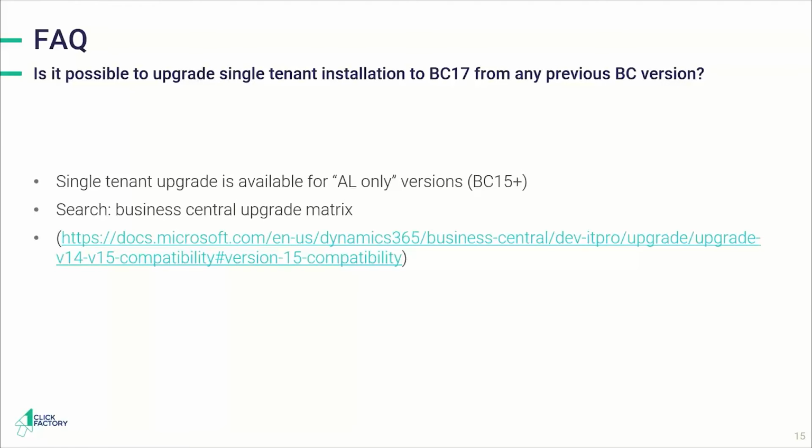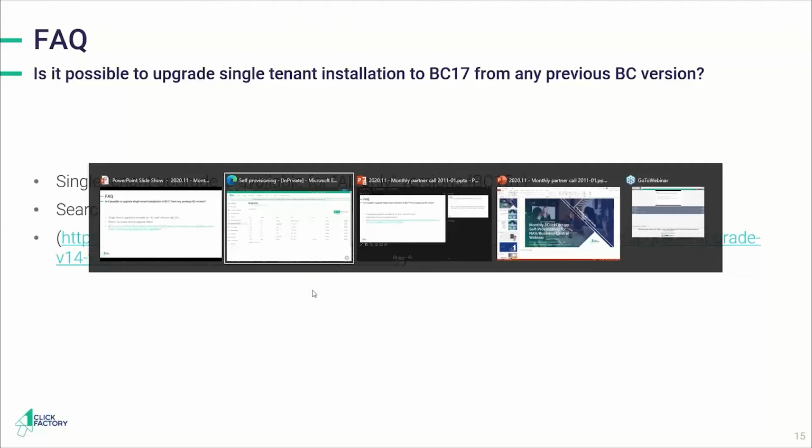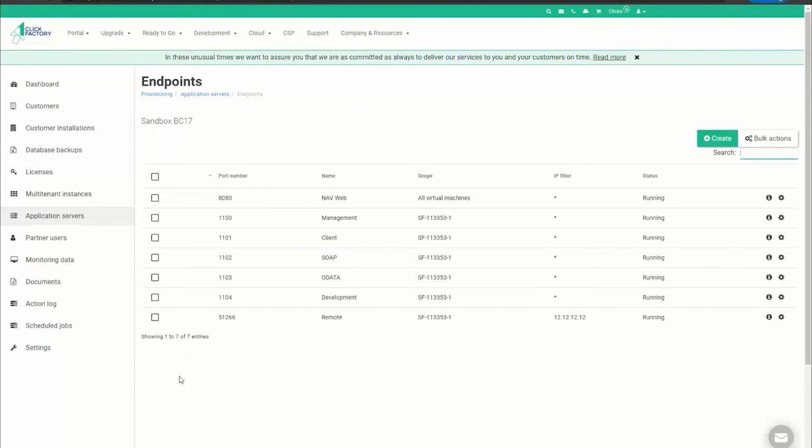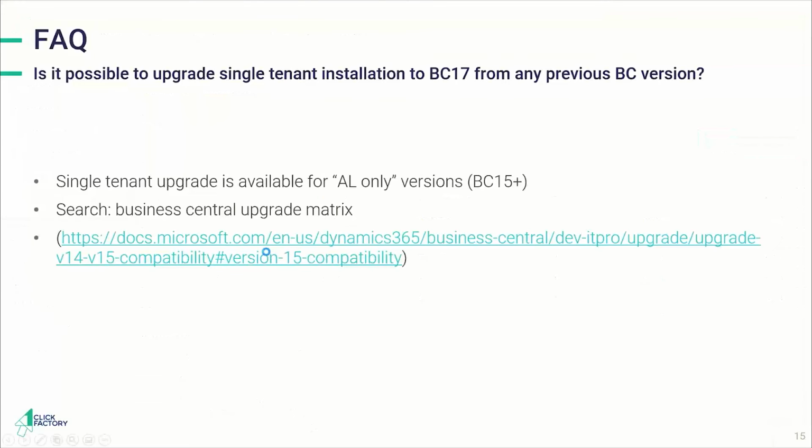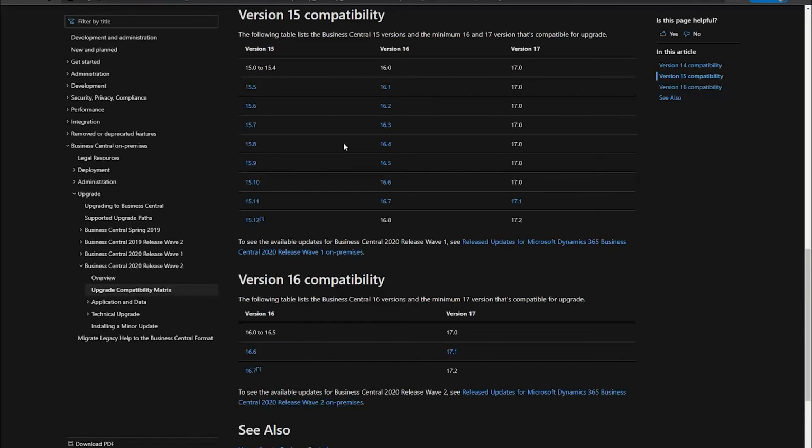Basically, there is upgrade compatibility, and I'll try to open the link. Hopefully it will open now. So there is an upgrade matrix showing from which CU you can upgrade to which CU. For example, if you want to upgrade from CU 8 of Business Central 15, you can upgrade to Business Central 16 CU 4.